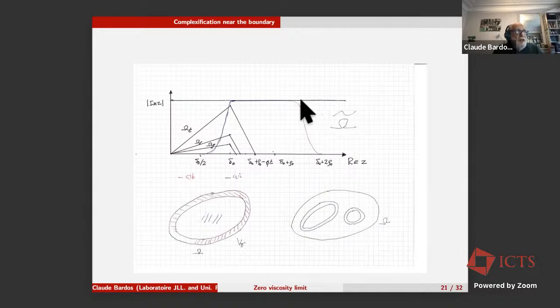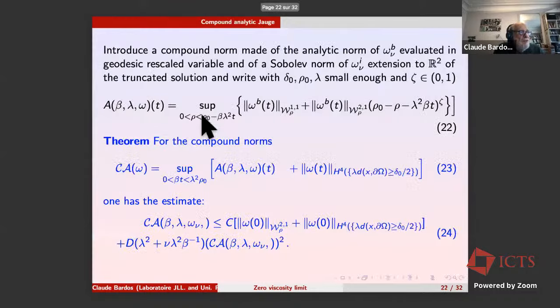So if you have the boundary layer solution, you have a classical estimate here, and on the other hand, here you have the boundary layer solution that will give you an estimate on the interior. So all this complicated estimate is just an interplay between some Sobolev information here and analytic information near the boundaries. And this has to be done in detail, but that makes the proof work and gives this theorem 23.